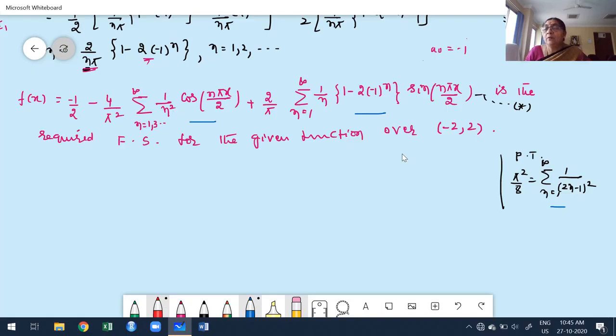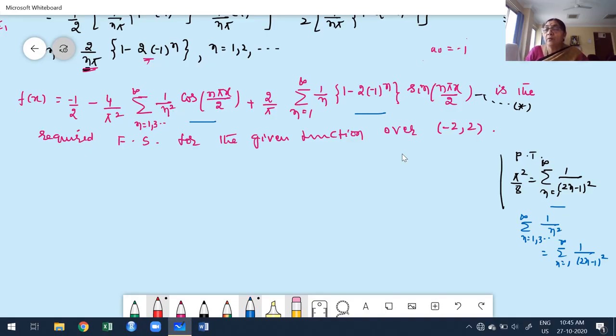But they have whole square. Yeah, you know that summation n ranging from odd values 1, 3, 1 by n square up to infinity can also be written as summation 1 by, instead of n, what we are going to replace? 2n minus 1 for n ranging from 1 to infinity. We already discussed this. Put n is equal to 1.